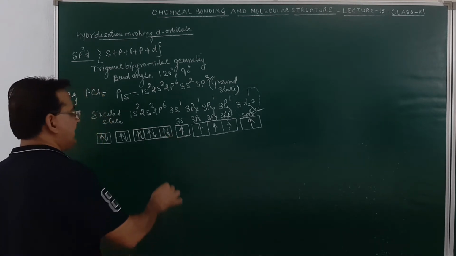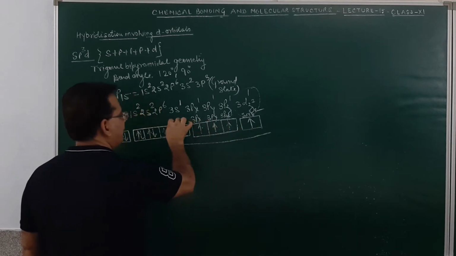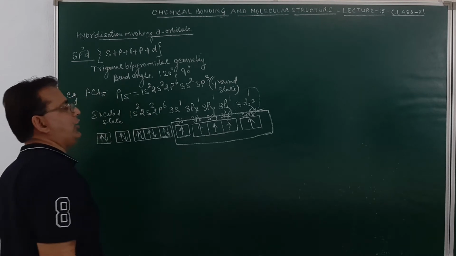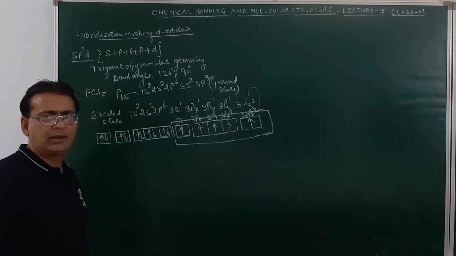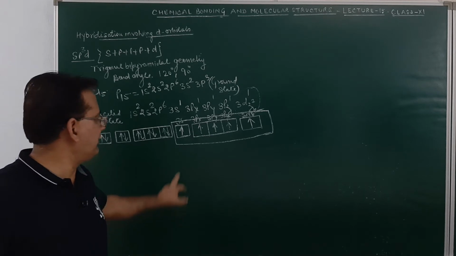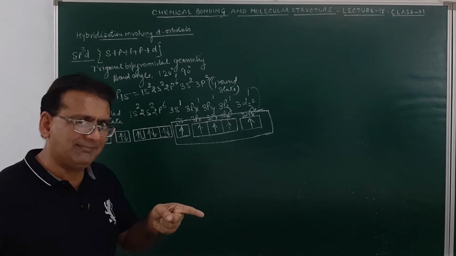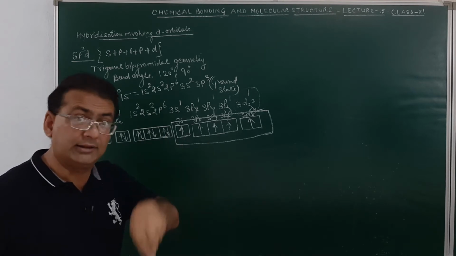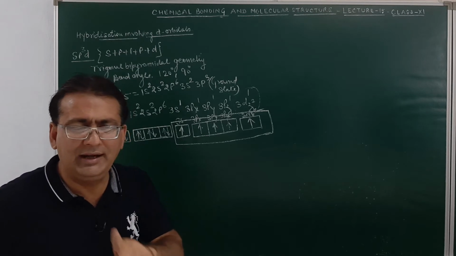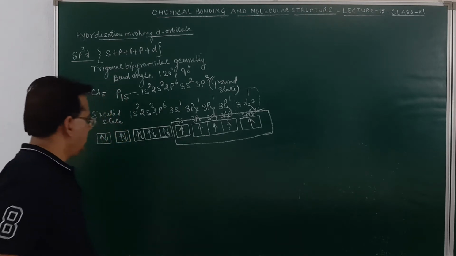So they will mix amongst themselves and will form sp3d hybrid orbitals. And how many sp3d hybrid orbitals will be formed? 5, because they will be equivalent in number to that of the atomic orbitals. And these 5 sp3d hybrid orbitals will orient themselves so as to adopt a trigonal bipyramidal geometry. How?